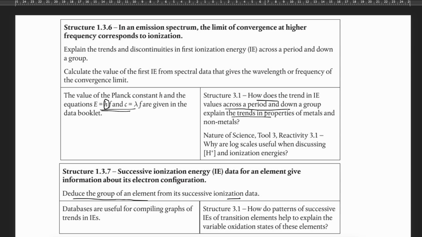Na or Mg are highly reactive, while oxygen and chlorine are more likely to gain electrons to form anions or covalent compounds. And down a group, ionization energy decreases, right? Metals become more reactive and it is easier to lose the electrons because the size of the atom gets bigger.